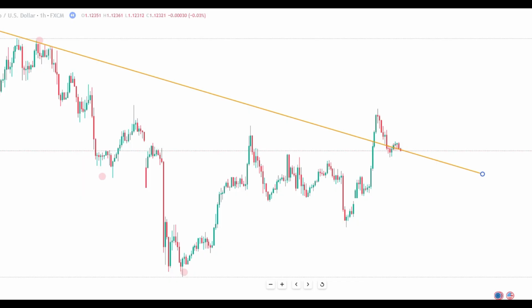And ideally, you're looking for wick rejections and engulfing candles, right? Wick rejections and engulfing candles at that area. Now, you're only entering when those present themselves.